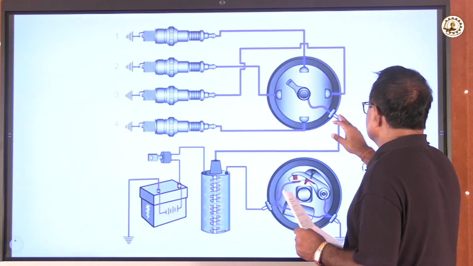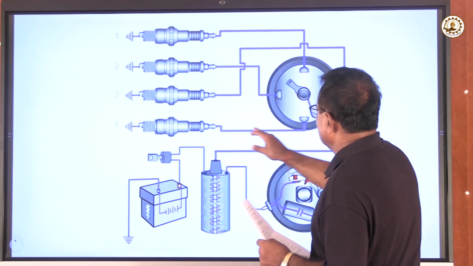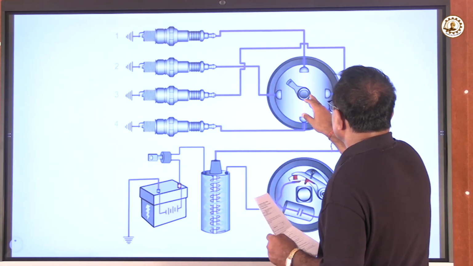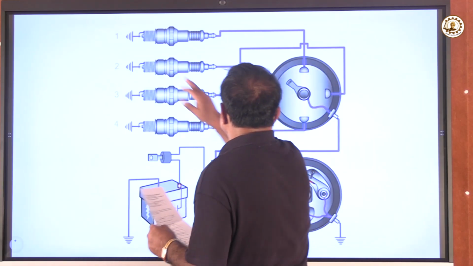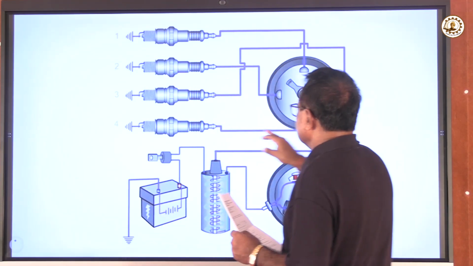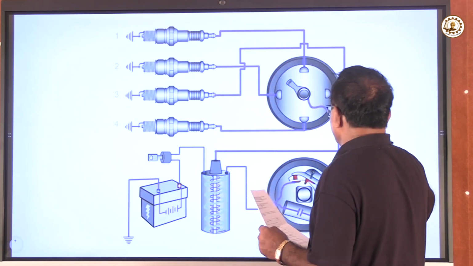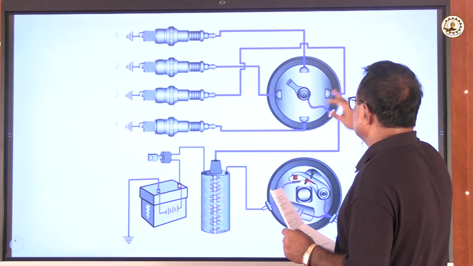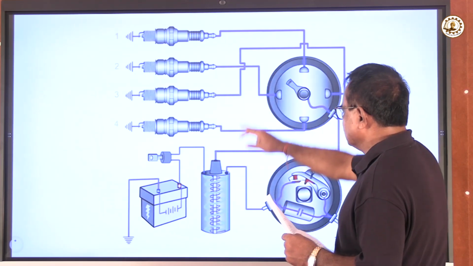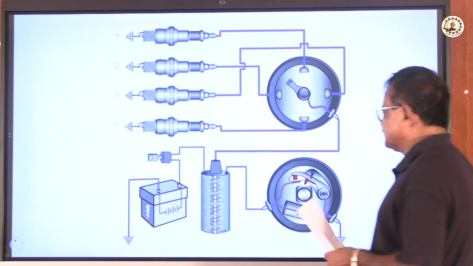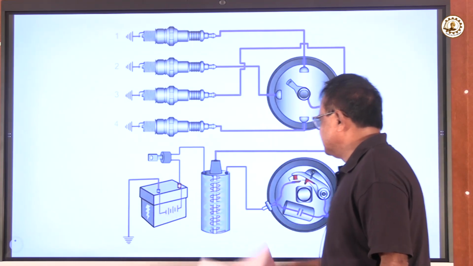Now you see, this distributor is coming to this spark plug. So this spark plug will ignite. Then it will come to this one, and this spark plug will spark. This way the distributor distributes the high voltage to all the spark plugs. So what we learned: one DC battery is there.